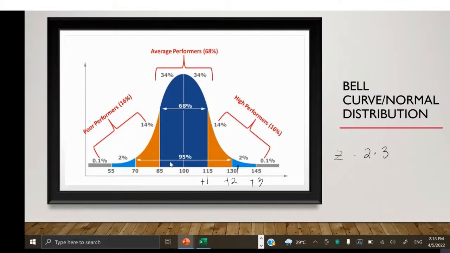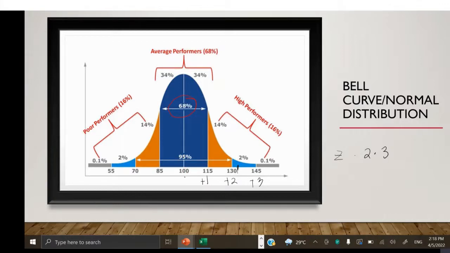So this would be 68%, because the normal or average IQ would be 100.